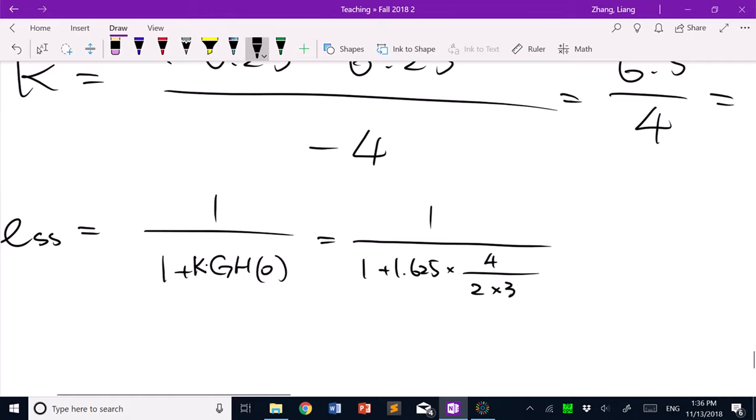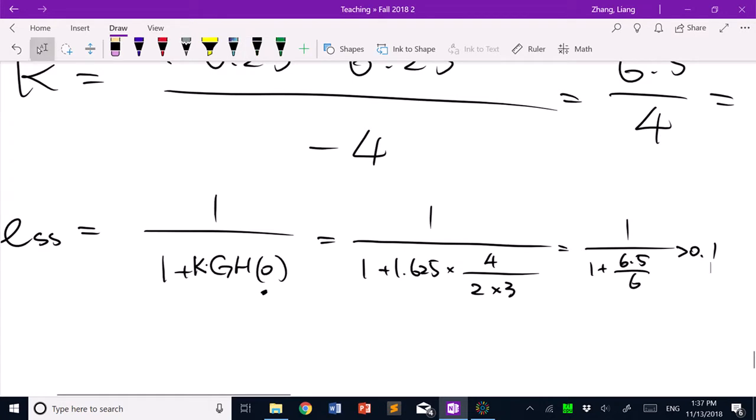So this is the s plus 2, s plus 3, and s equal to 0, as we have here. 1 plus, and you have 6.5 divided by 6. And you don't really have to use your calculator. 6.5 divided by 6, just a little bit over 1, somewhere close to 1.1. Plus 1 will be 2.1. 1 divided by 2.1 is just a little bit less than 0.5. It's nowhere within 0.1. You can easily check this.